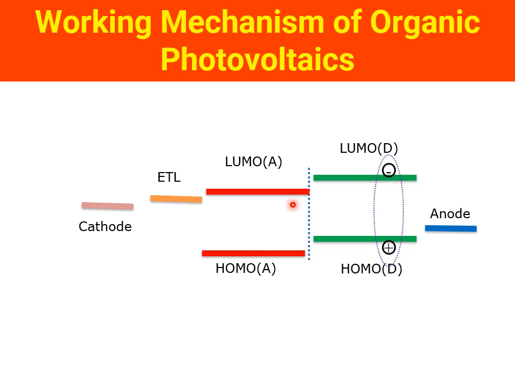Once the light enters the organic solar cell, the exciton will generate in the donor material. That means the light will be absorbed by this polymer, which is semiconducting in nature, a photosensitive or photoactive semiconductor. So the light will be absorbed by the semiconductor and exciton generation will take place.